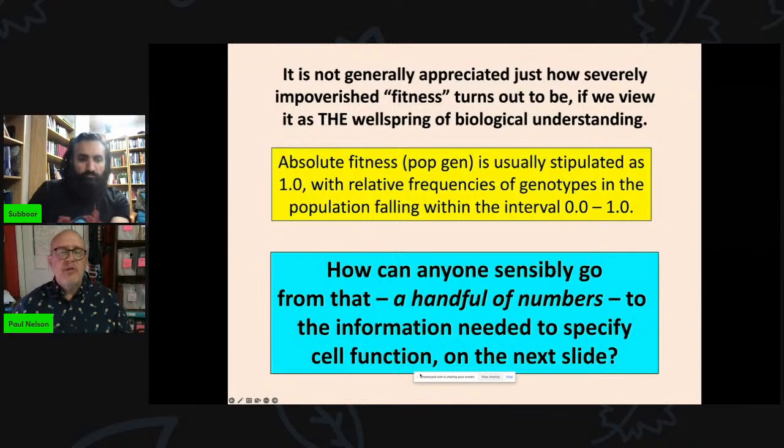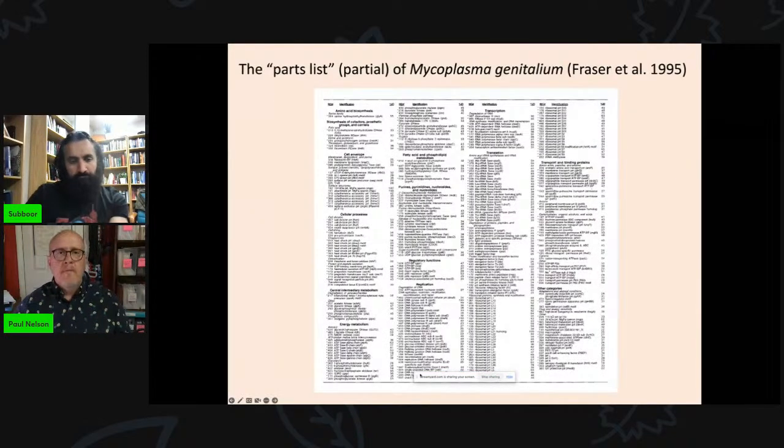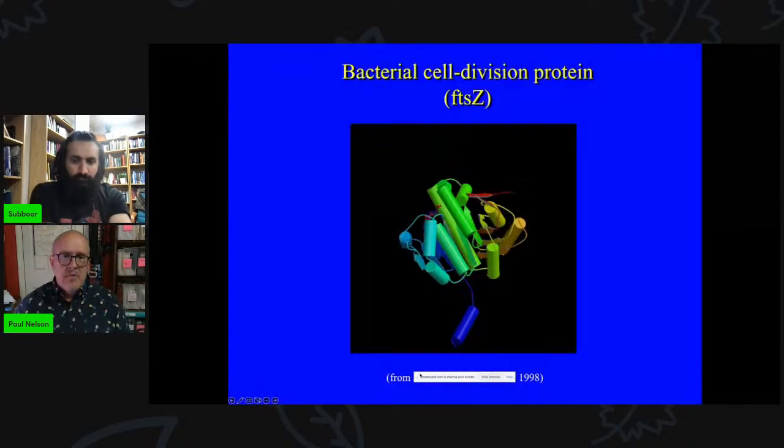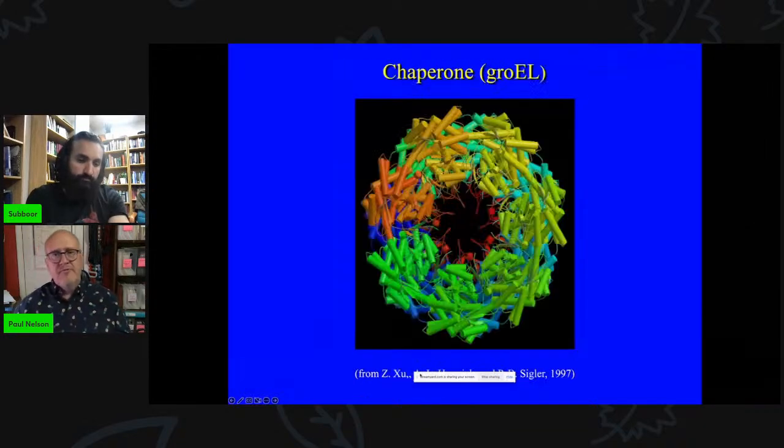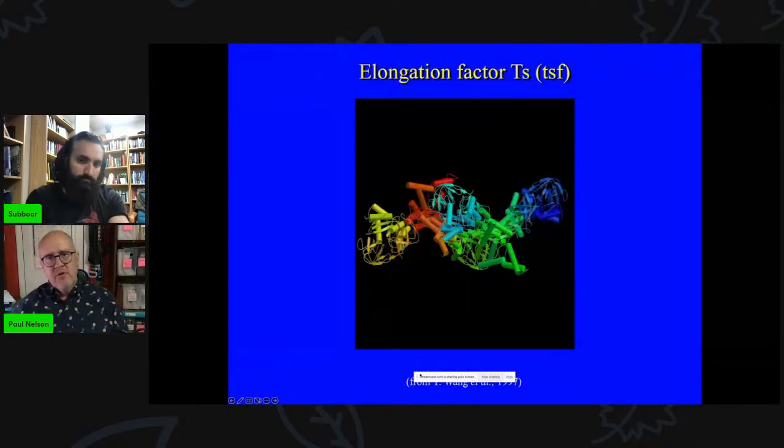How can you sensibly go from single numbers on that metric to this? This is the parts list, or a partial parts list, of the proteins necessary for function in mycoplasma, one of the simplest free living cells that we know, a bacterial cell. Proteins that do things like cell division or chaperones or elongation factor that operates in the production of proteins.